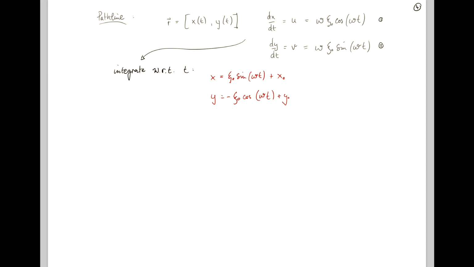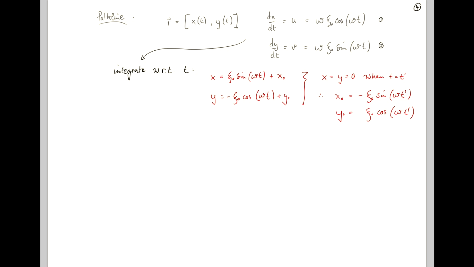Now, how do we find the constants of integration, x0 and y0? Well, we know that x and y have to be 0 when t is t dash. That was determined by the question given, and so therefore x0 is minus psi 0 sine omega t dash, and y0 is psi 0 cos omega t dash.